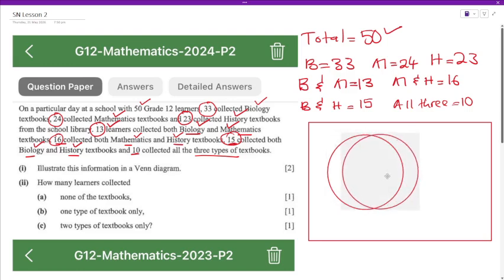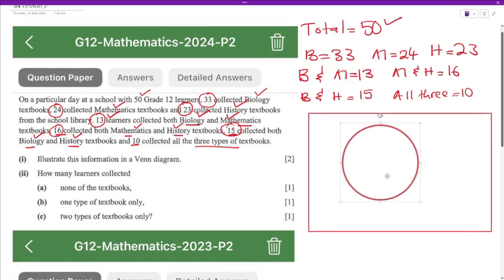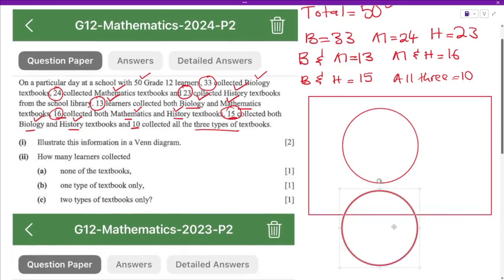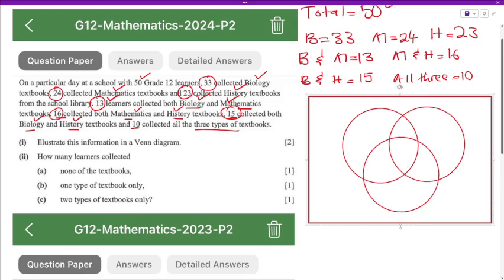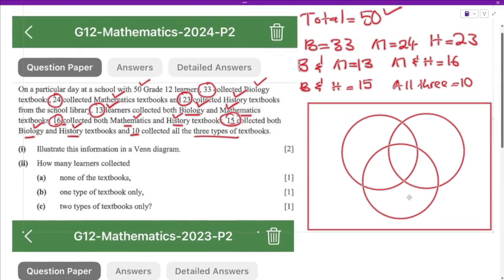I can put it somewhere here. Then I can copy and paste, then bring it right there, and then copy and paste again, then put it right here. Somewhere here. Yeah, that looks okay. Let me extend this a little bit downwards like that, so that these are linked.